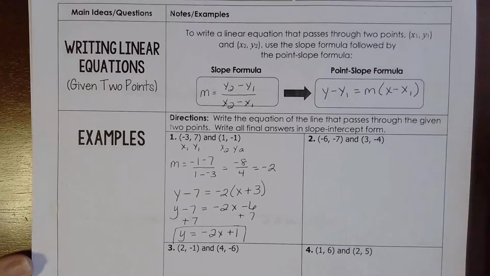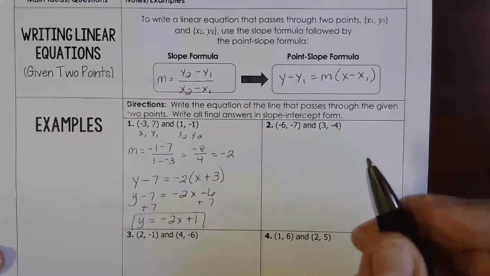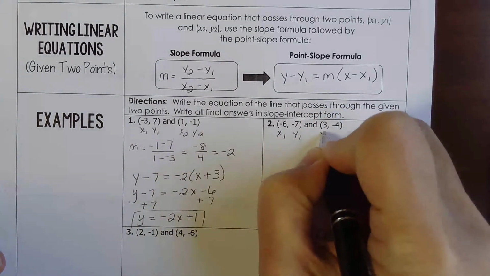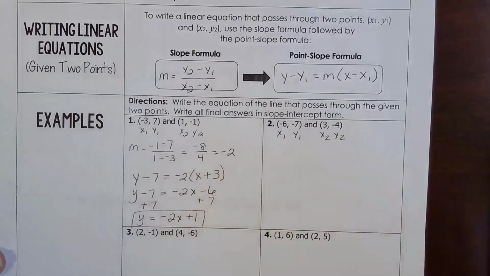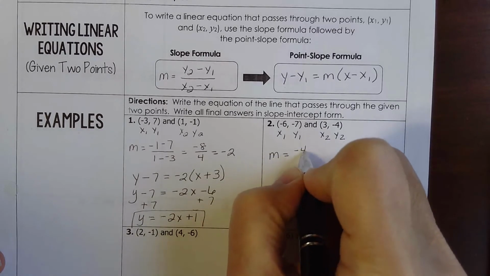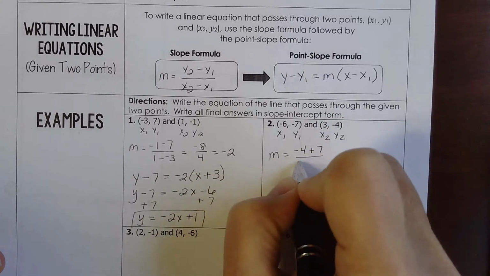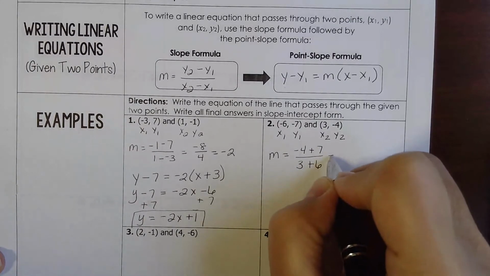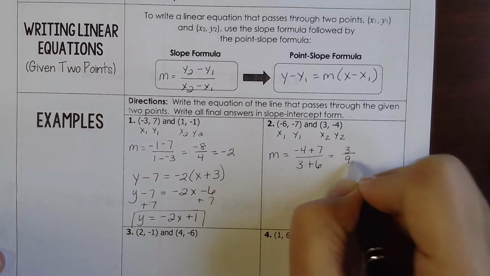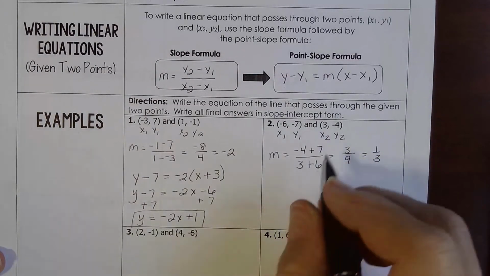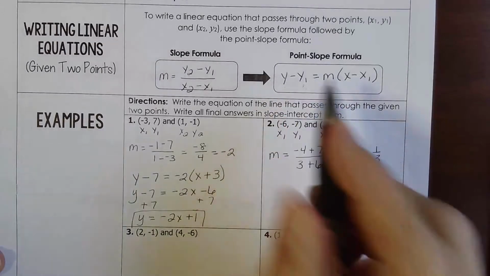All right? So number 2, our x1, y1, x2, y2. Calculate your slope. So m is going to be negative 4 plus 7 over 3 plus 6. So we get 3 over 9, which reduces to 1/3. Take that, plug it in to your point slope formula.